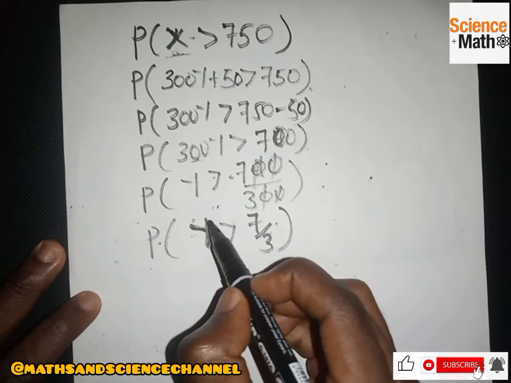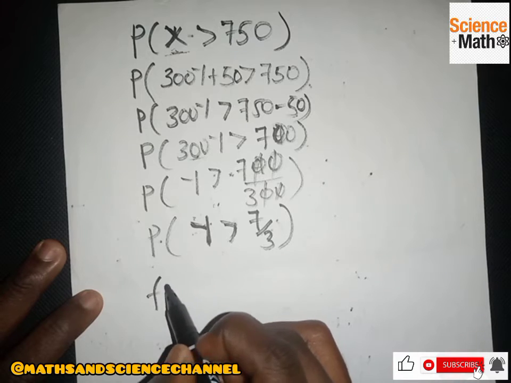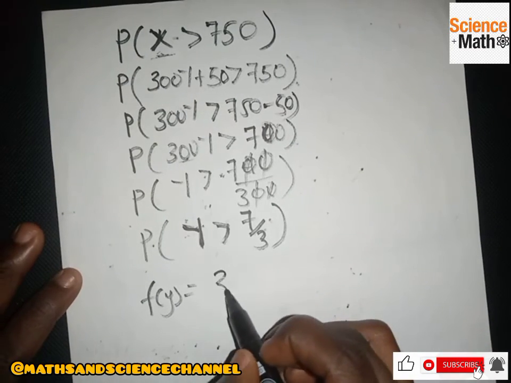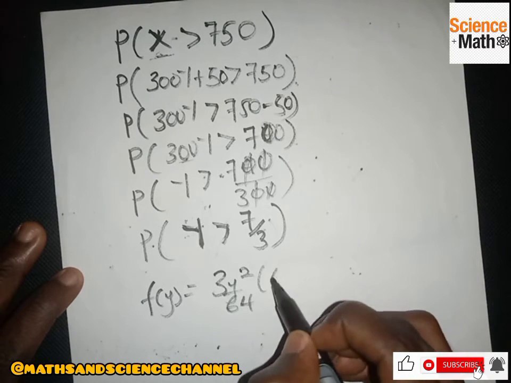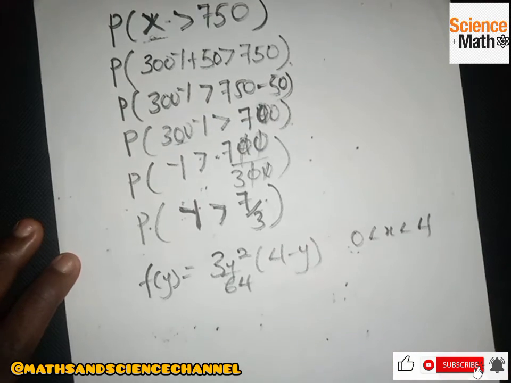Now we have been able to write everything with the parameter y, and remember the piecewise function is with respect to y, which is giving us 3y squared over 64 here, and then we have 4 minus y here, and then we are given this condition that is from the question.